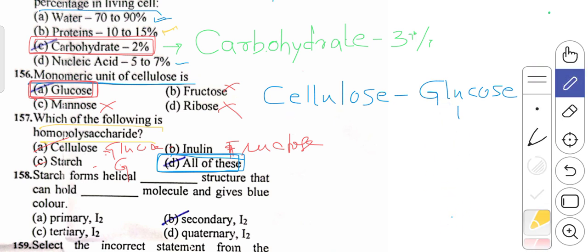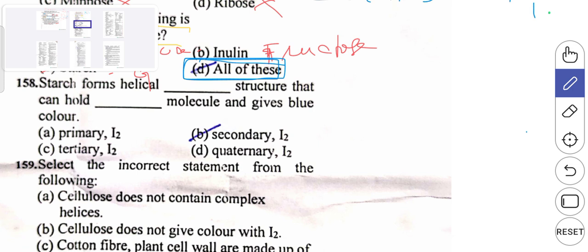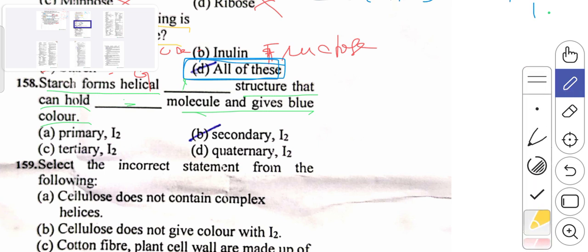Let's study the next one: starch forms helical dash structure that can hold a dash molecule and give blue color.